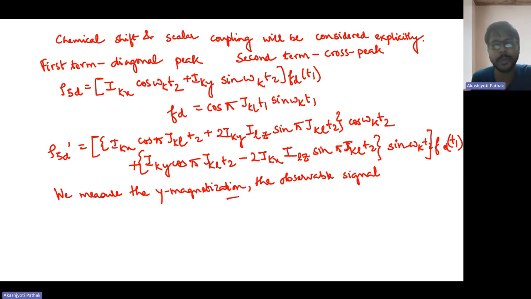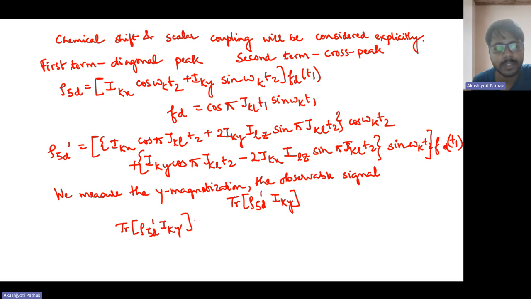So that will be given by the trace of rho 5D dash times I_KY. What will you get here? The trace of rho 5D dash I_KY will give you cos pi J_KL t2 sin omega_K t2.